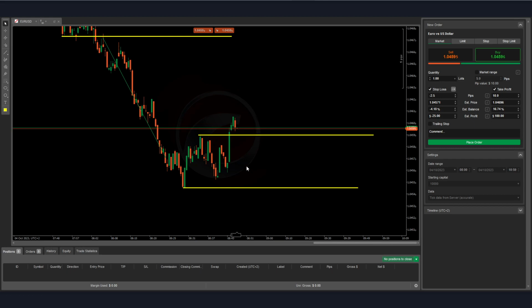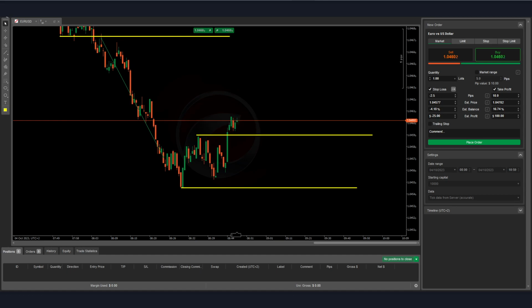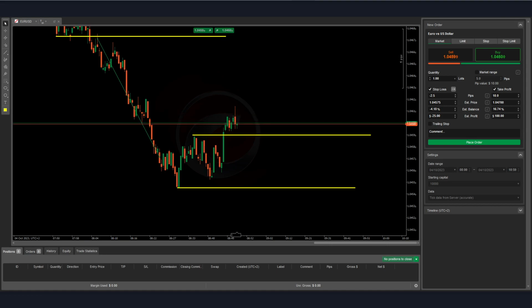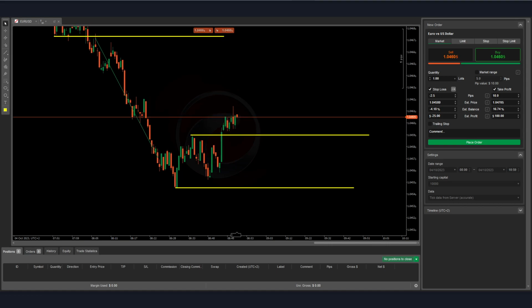Okay, this can be our entry. It's a very high risk, high reward entry, I would say. Let's see if I can get it better. Oh, I will miss out on the trade. Okay.